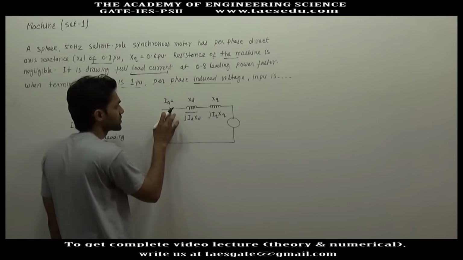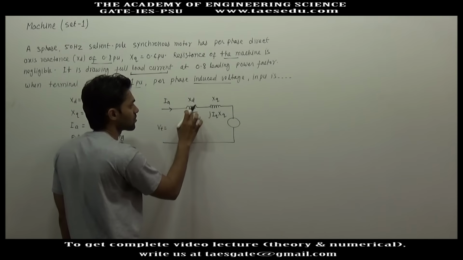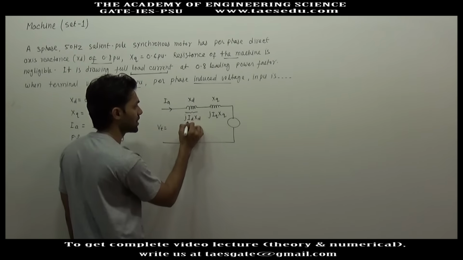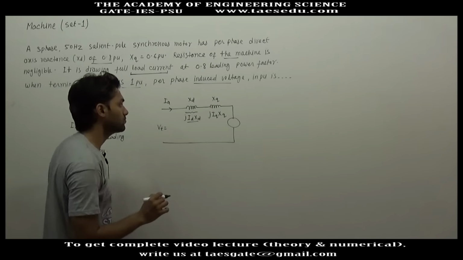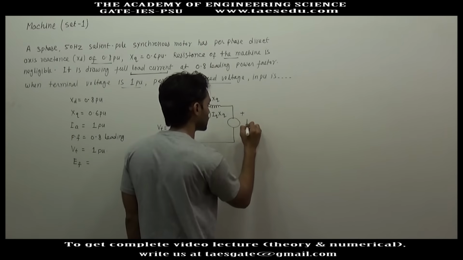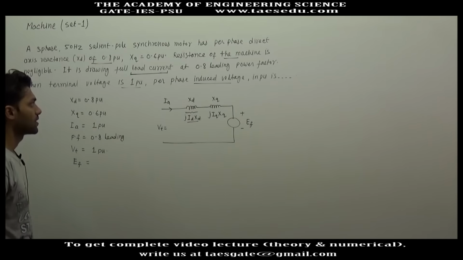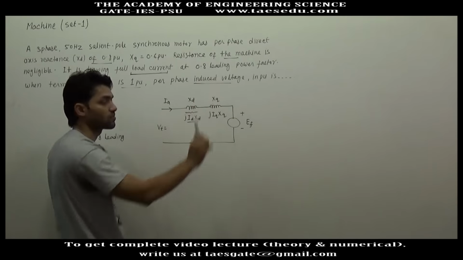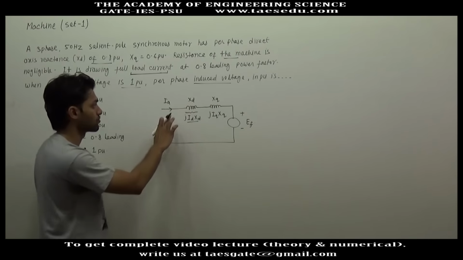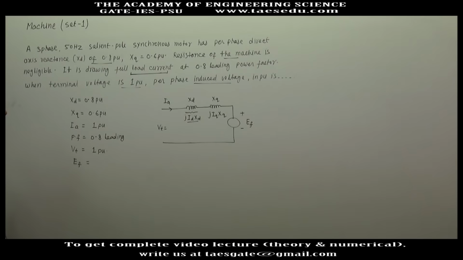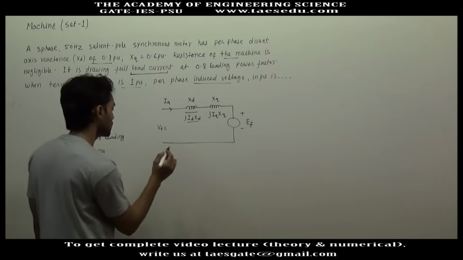Although the armature current is Ia, the voltage drop here will not be jIa into xd. This will be jId into xd. And this voltage is induced voltage EF. Since resistance of the machine is negligible, I have not shown the armature resistance. So what will be the equation?